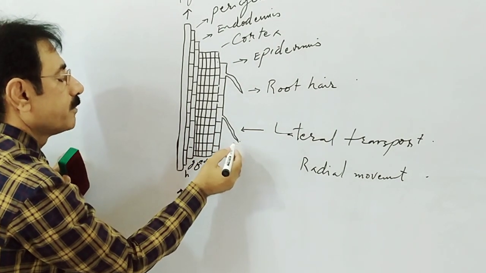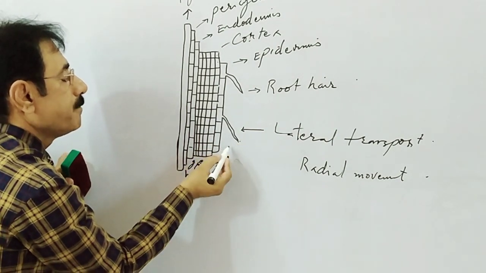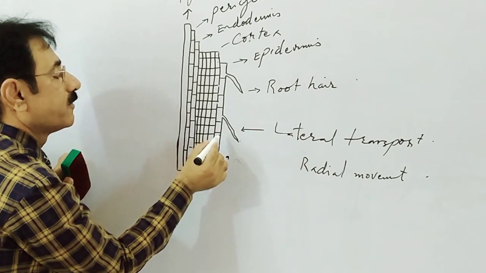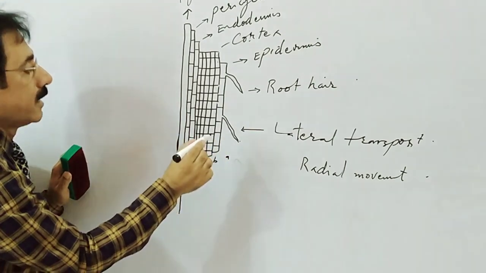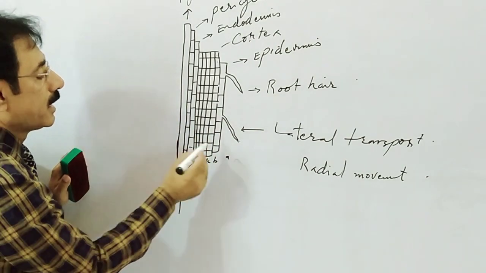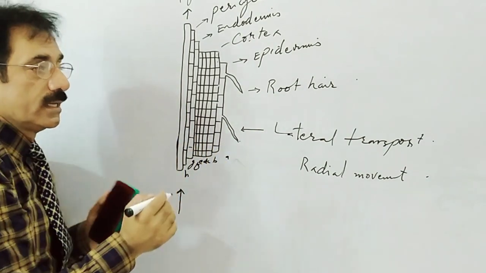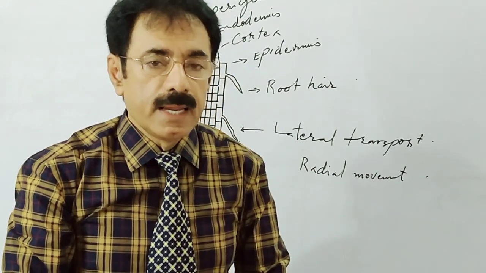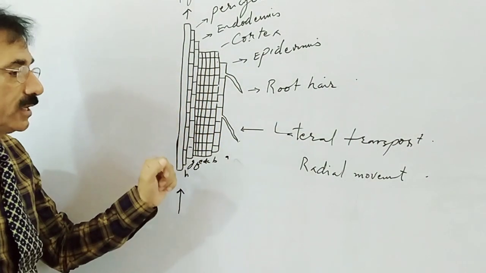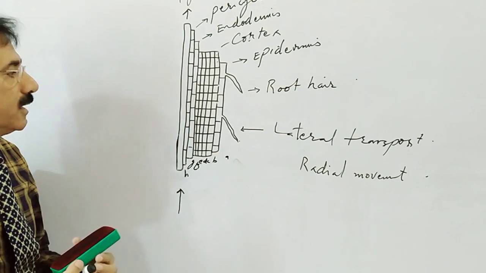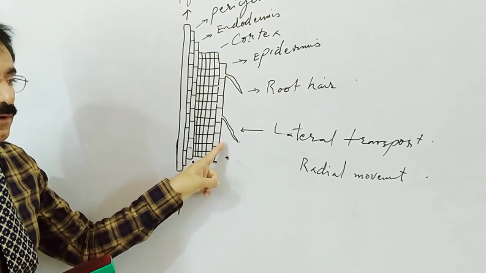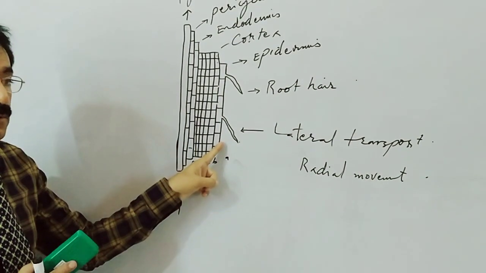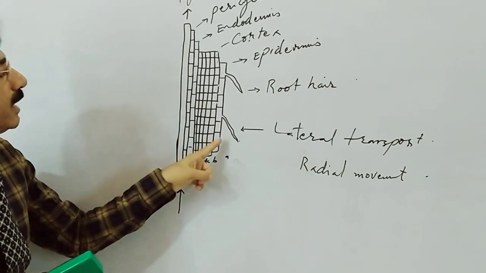The water molecules are imbibed by the cell wall of the root hair and the other epidermal cells. The process involved in this movement is imbibition. Imbibition is the first process involved in taking water molecules from the soil.